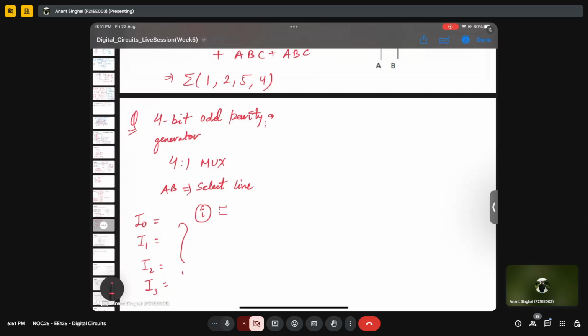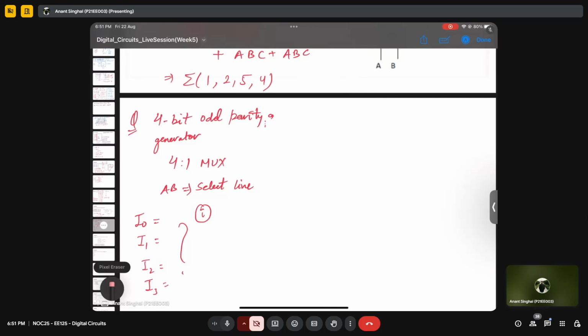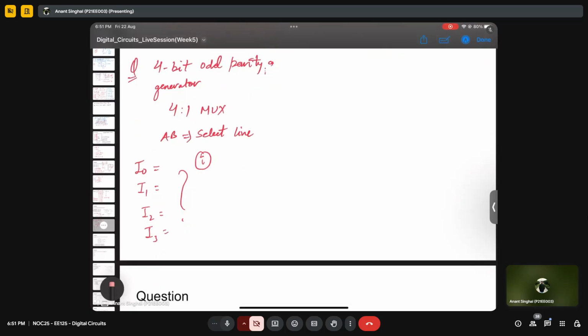Let's say your first option is C XOR D, comma C XOR D, C XOR not D. The second, I'm writing plus and dot: plus dot dot, dot dot plus, dot dot plus.